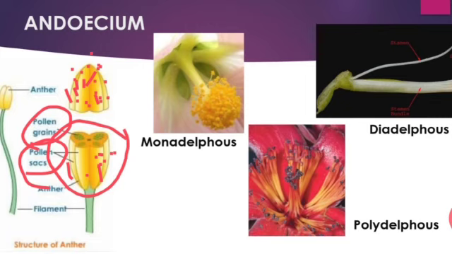Now the androecium is arranged in different ways. In your book, three different ways are discussed. Monadelphous: mono means one.